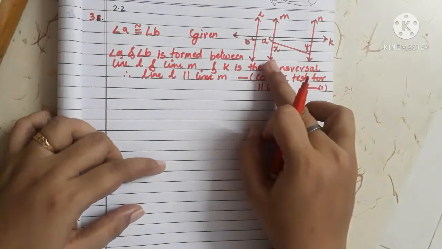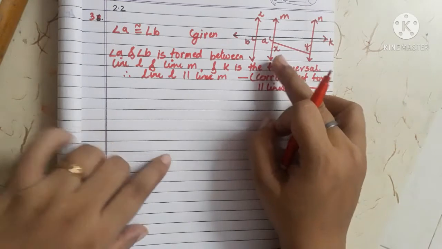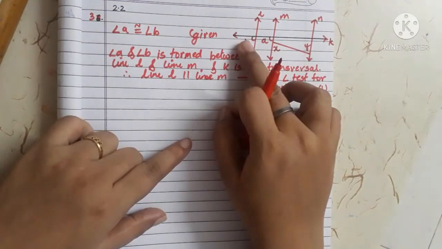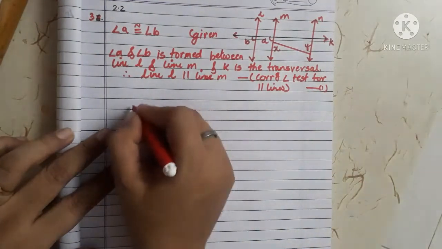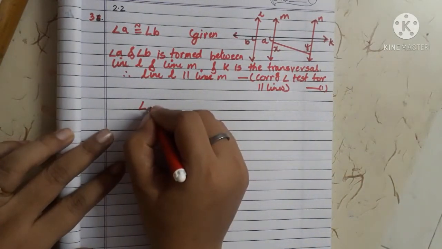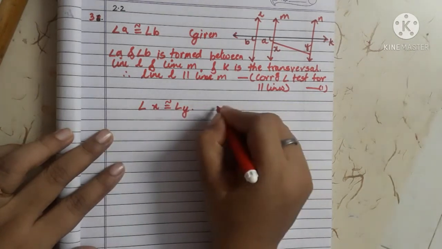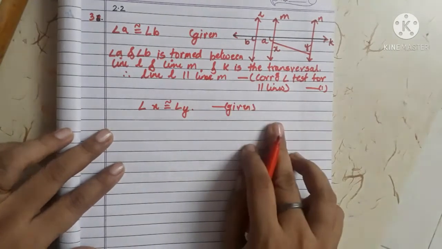Similarly, it is given angle X is congruent to Y. Again, angle X is formed between line M and N, and K is the transversal. Okay, so we will write down angle X is congruent to angle Y, given.